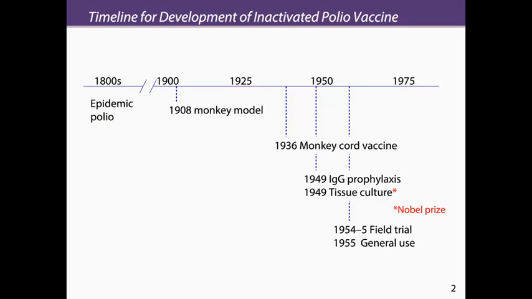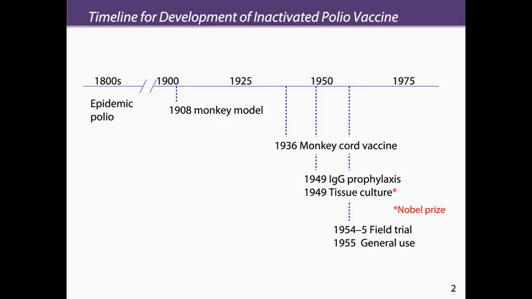Earlier we talked about development of the first inactivated polio vaccine. If we go back in time to the 1800s, it's when epidemic polio was recognized as a disease that warranted possible intervention. In 1908, there was an initial animal model developed here at the School of Public Health, which helped understand how the virus was transmitted and some of the risk factors for development of paralysis.